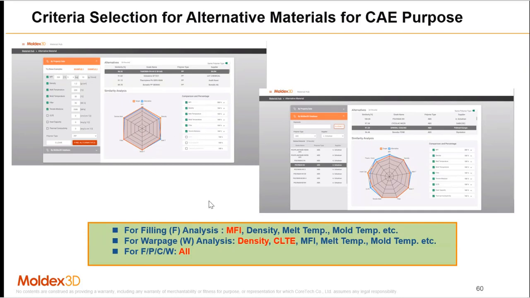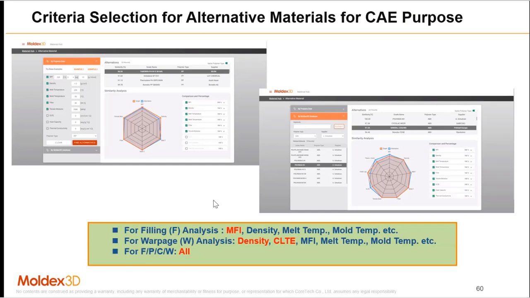And I think this can solve most of the problems from our users. They want an alternative material, and we have no answer in our database. I think this is one of the key applications. And the second application is in some cases, you just want to search for an alternative material, not only for CAE simulation.